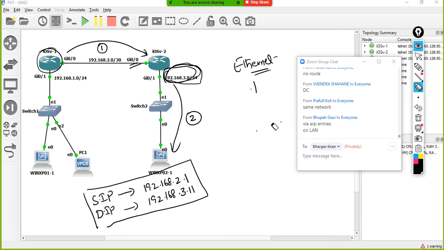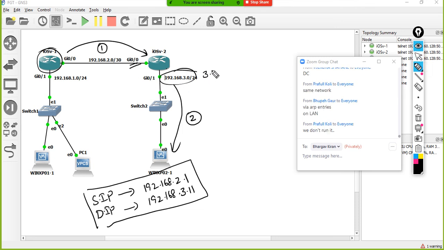I want you to explain this data flow practically. See, for example, you are here, madam. What is the IP address you configured here? 3.1. You cannot configure the network ID, right? So from 3.1, you can talk to 3.11, right?